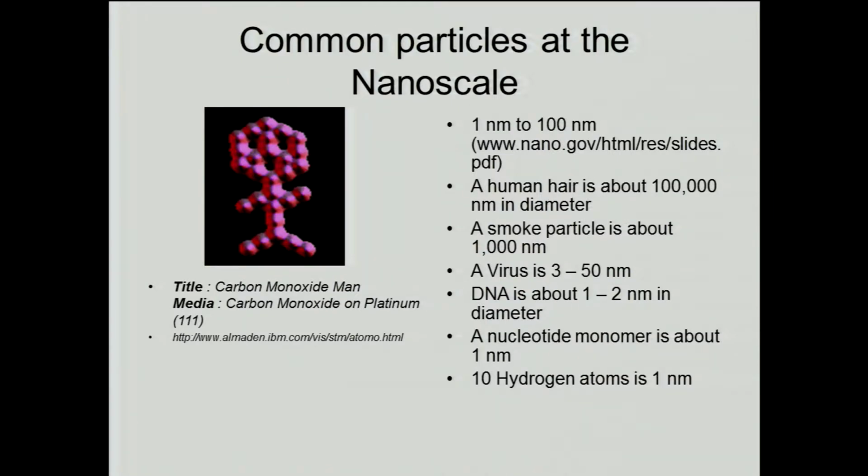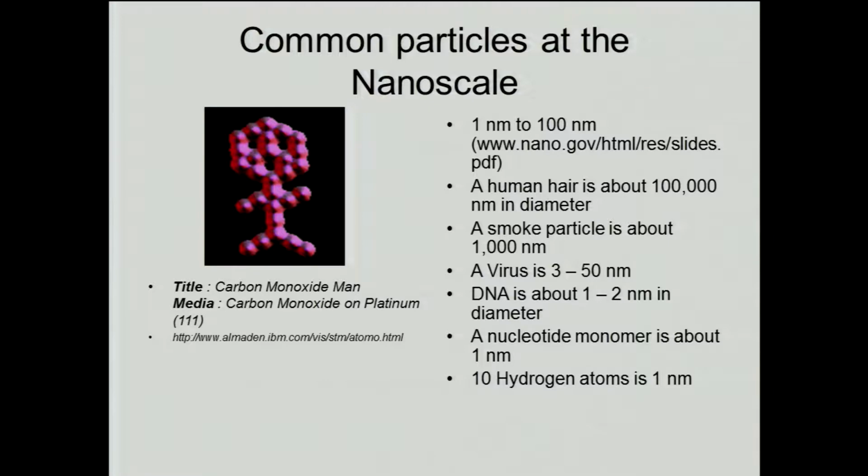So, what are the common particles which are of nanometer scale? The human hair, we talked about that before. Smoke particle, again this depends upon what type of smoke particle you are talking about. Smoke you can generate from different sources. This is a 1000 nanometer smoke particle, I think it comes out from a coal power plant.